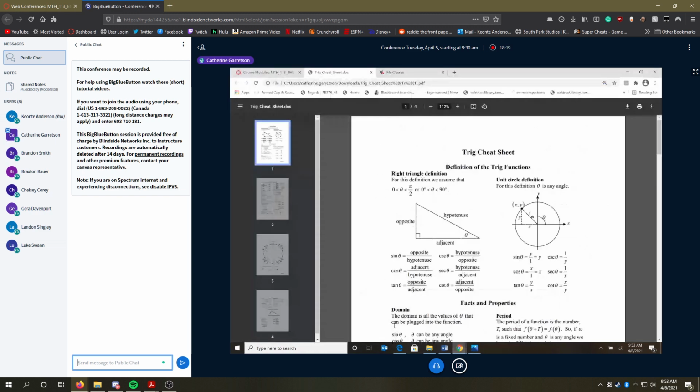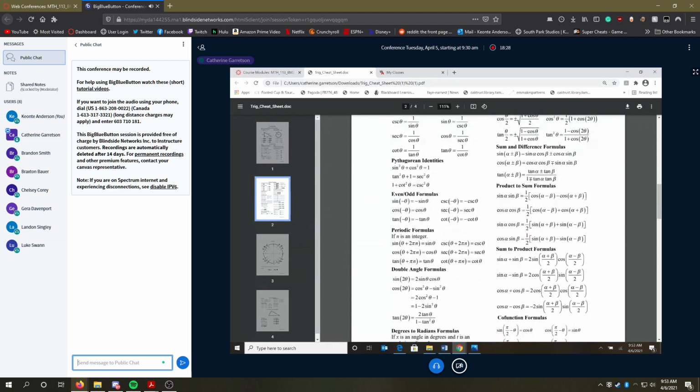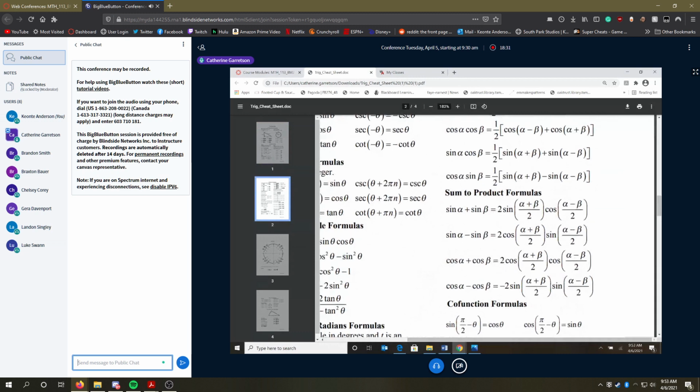Now I have it on the form, but it's always good to know where they are on these forms. So sum to product is right here. I have to choose the one that matches the problem I have. The alpha and the beta indicate the angles were different. And I'm looking for either a sine plus sine, sine minus sine, cosine plus cosine, or cosine minus cosine. Ours was cosine subtract cosine.